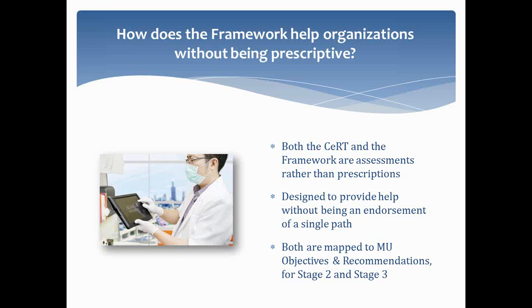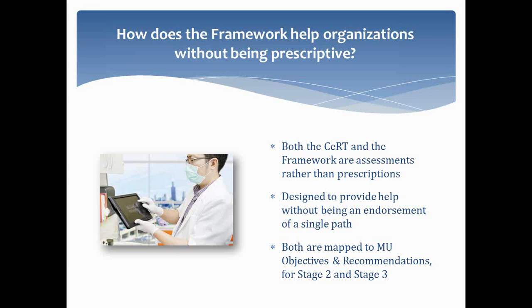But at the very basic and core level, a lot of what's in the CeRT and the framework is specifically aligned to meaningful use objectives and recommendations. The levels are: inform me, engage me, empower me, partner with me, and support my e-community. The first two levels, inform me and engage me, are aligned with very basic levels of meaningful use Stage 1.